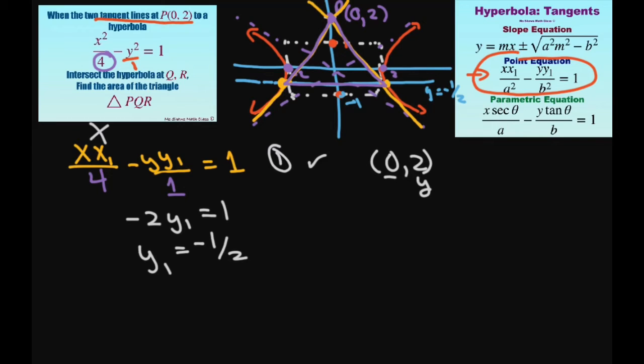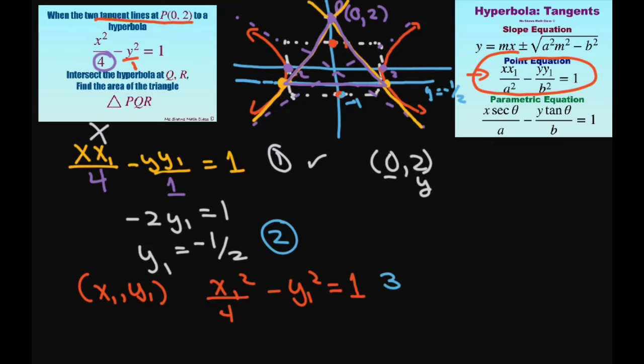Okay, so now let's look at x sub 1, y sub 1. So x sub 1, y sub 1 lies on the hyperbola: x sub 1 squared divided by 4 minus y sub 1 squared equals 1. So I'm going to call this equation 2 and this one equation 3.